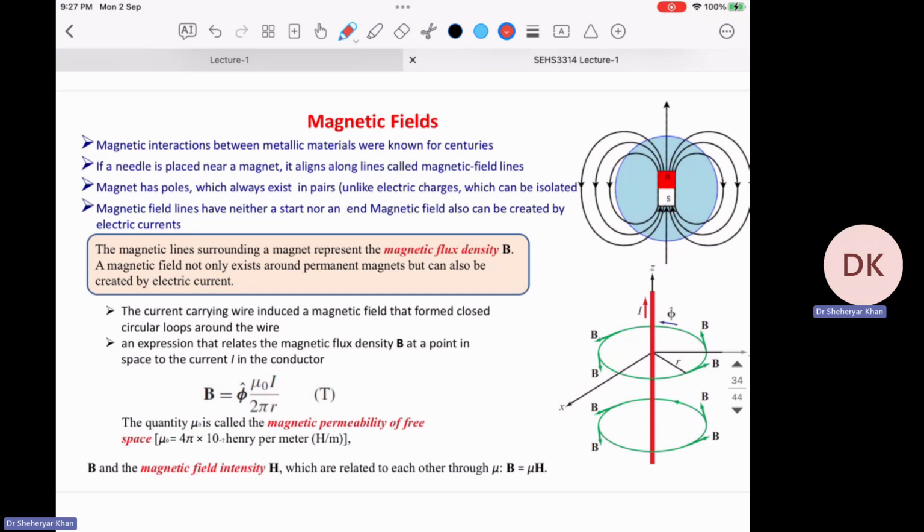You will be given this constant, but this is for free space. For iron it is different, and for nickel, chromium, cobalt, they are different. So we always use mu, which is actually mu naught into mu r. So you have a relative relationship.